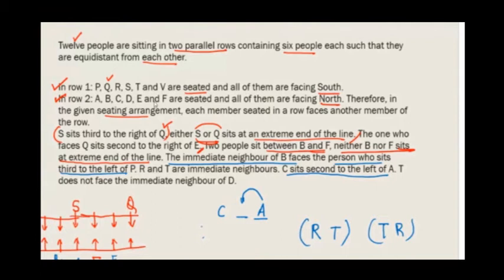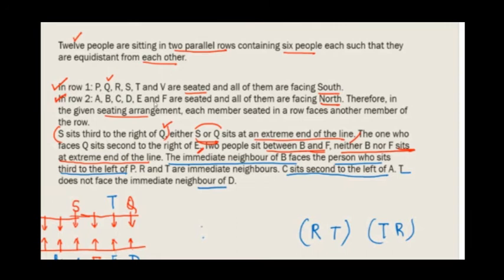Now C sits second to the left of A. Next, T does not face the immediate neighbor of D. Now, among the given places, the left out place is for D. T does not face the immediate neighbor of D, which means, who is the immediate neighbor of D?